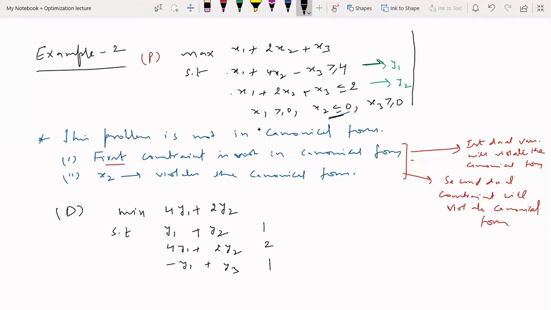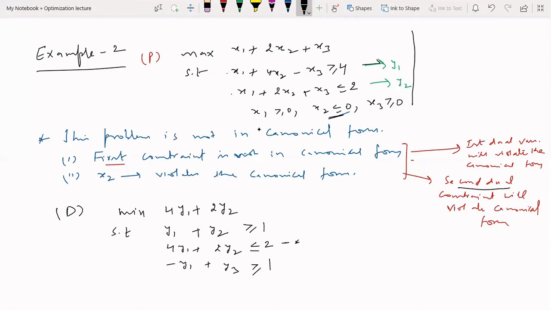If the second variable is not in canonical form, that means the second dual constraint will violate the canonical form. So only the violation will occur here. Because the problem is minimization, the constraints are greater than type in canonical form, but for the violation it should be less than type. All other variables are in canonical form, so those constraints will not violate the canonical form. So only the violation will occur at this point.